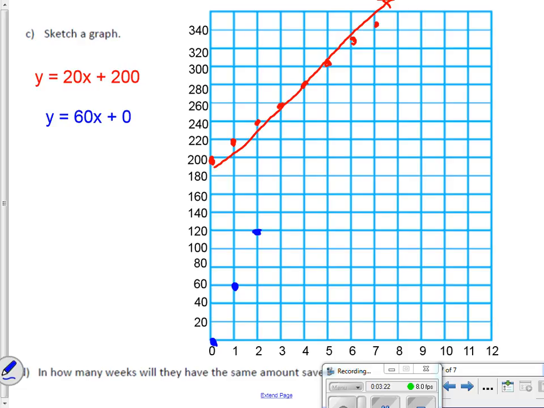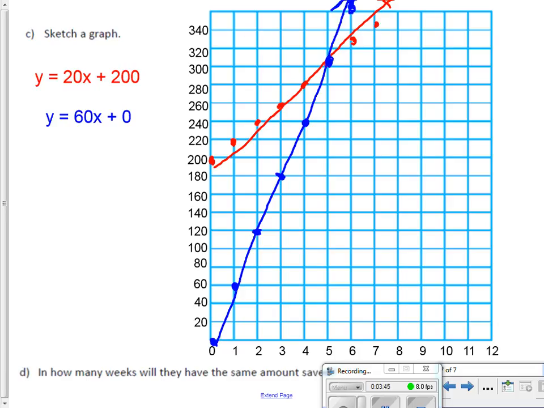After 3 weeks, he's going to be all the way up at 180. And he's going to continue to grow a little bit faster than Jake would. If we connect his, it's going to look something like this.